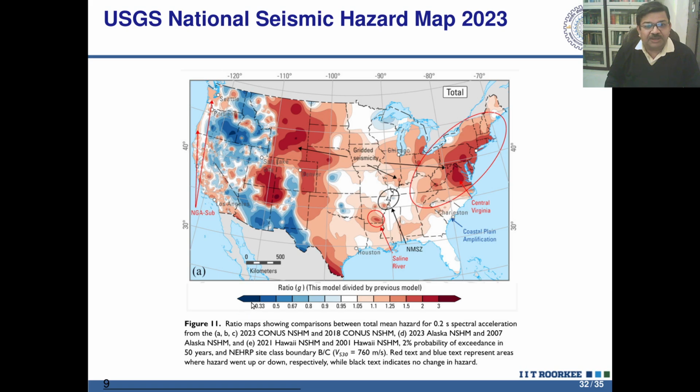This dark blue, dark violet region corresponds to a reduction in spectral acceleration at 0.2 second by a factor of 3. So in all this region, the spectral acceleration has decreased massively. This is the Seattle area, the very active subduction zone. This is now the San Andreas fault zone. So everywhere you see, there is a massive reduction in seismic hazard estimate.